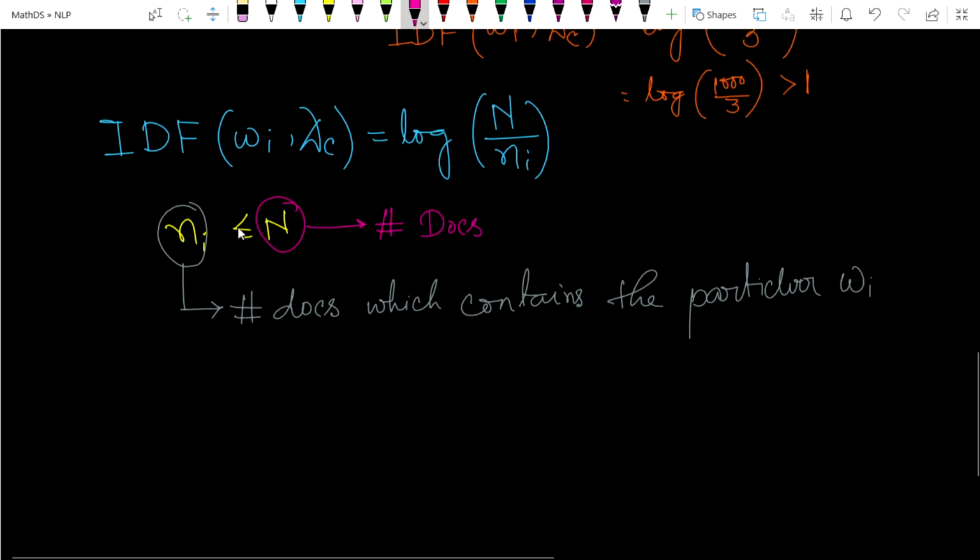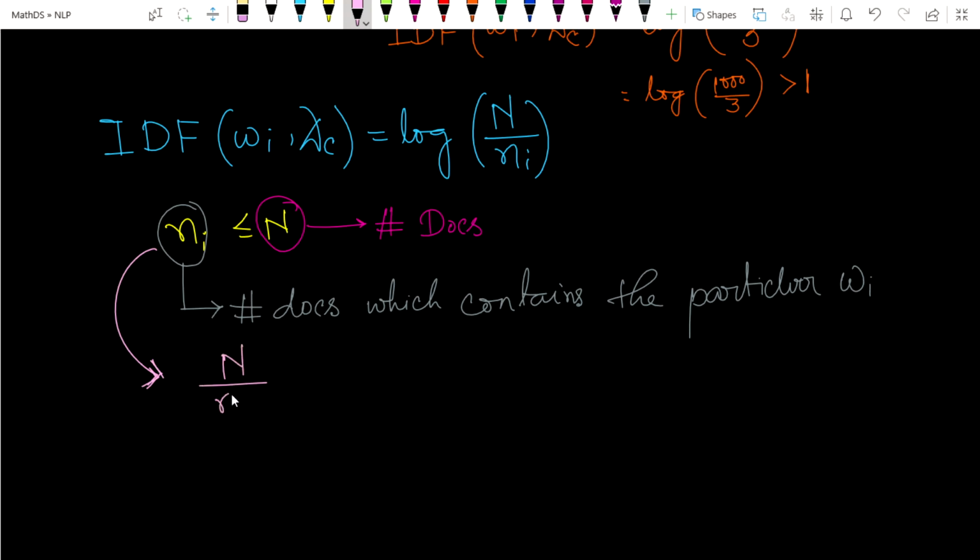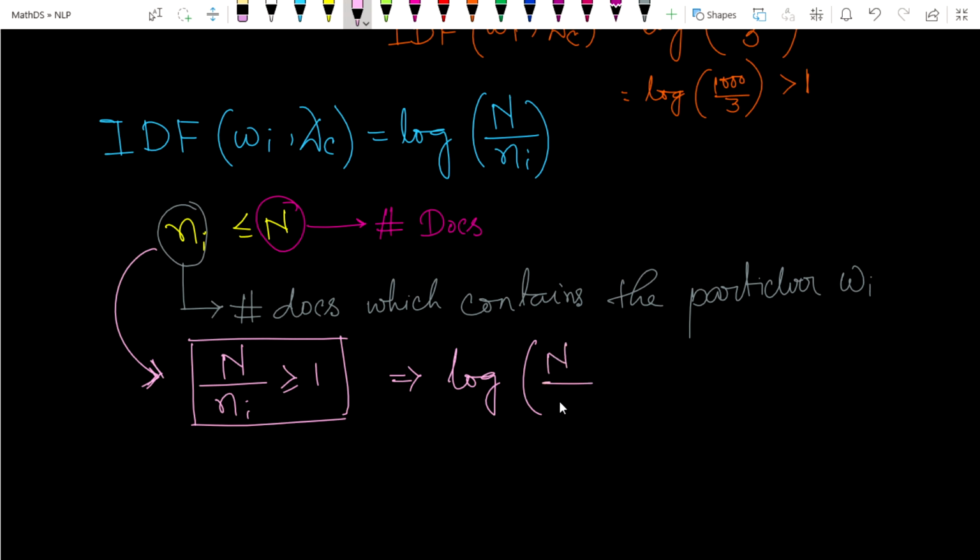Because of these reasons, we can conclude that capital N by small ni must be greater than or equal to 1. That implies that log of capital N by small ni must be greater than or equal to 0.